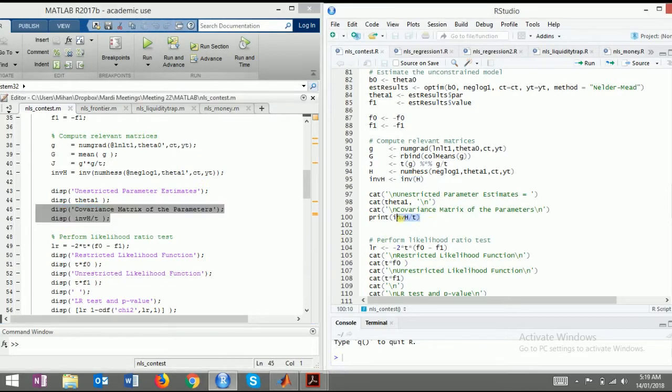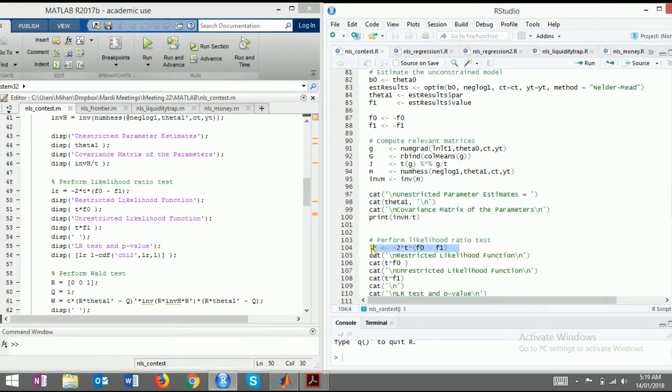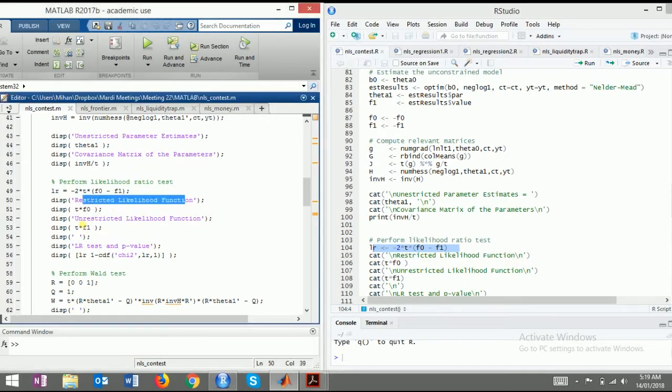Well, there you go. And then we do the likelihood ratio test, because we need both the unrestricted and restricted likelihood values. The likelihood ratio test is minus 2T, f0 minus f1. So T into f0 is the restricted likelihood function, and T into f1 is the unrestricted likelihood function.